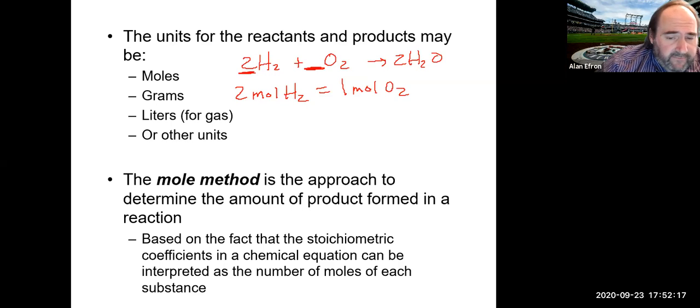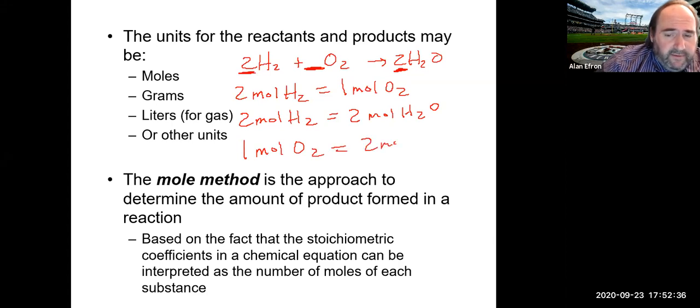I could also say for every 2 moles of H2 I put in there, I get out 2 moles of H2O on the product side. I could also say for every 1 mole of O2 I put in there, I get out 2 moles of H2O. These are the 3 what are sometimes referred to as stoichiometric equivalents or equivalents that you could get from this equation.